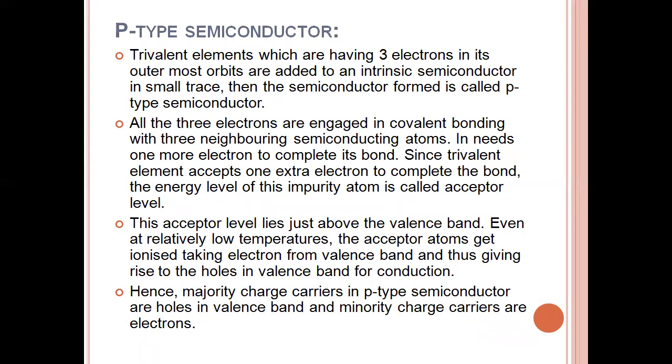To complete this bonding, it is ready to accept that electron. Hence, the trivalent elements are called acceptors, and the level belonging to those acceptor atoms is called the acceptor level, which is just above the valence band.